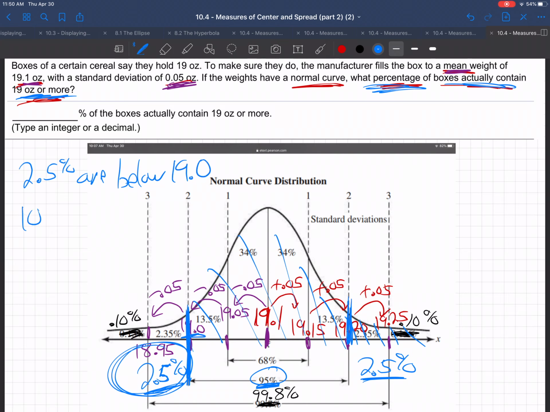So take 100% minus 2.5%, and you get 97.5% of the boxes containing 19 ounces or more. So they know that 97.5% of the time their boxes are going to contain what they've promised. There's still the 2.5% that are going to fall below, because crazy stuff happens even in manufacturing. But 97.5% of the time they're going to be fulfilling their promise of giving 19 ounces or more.